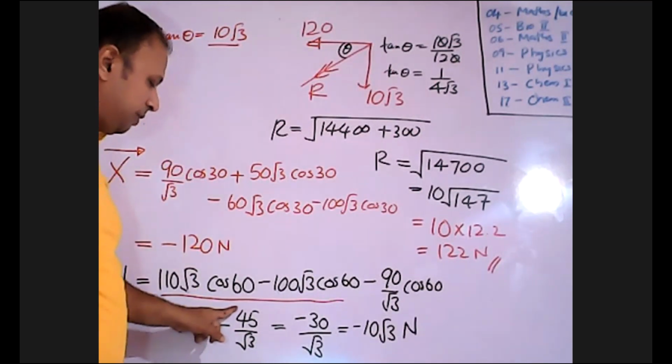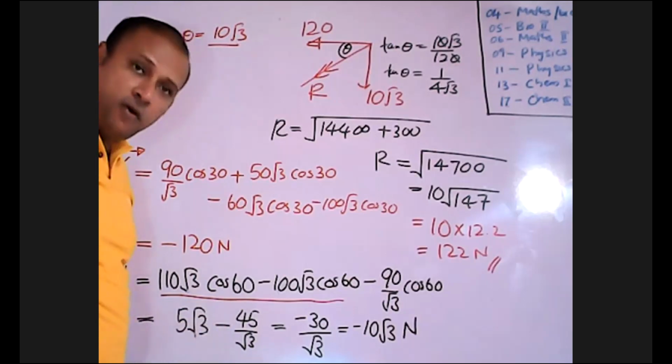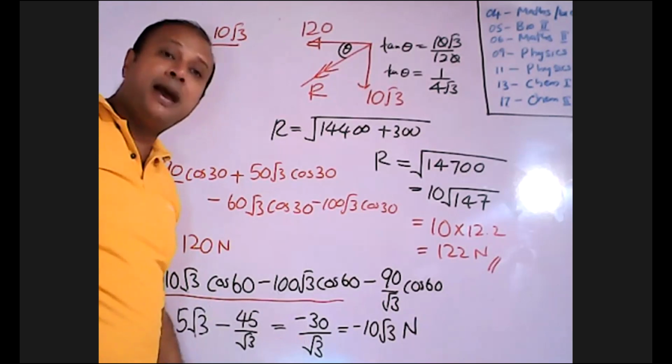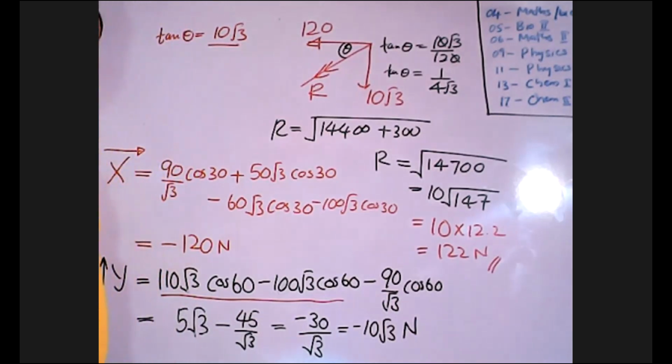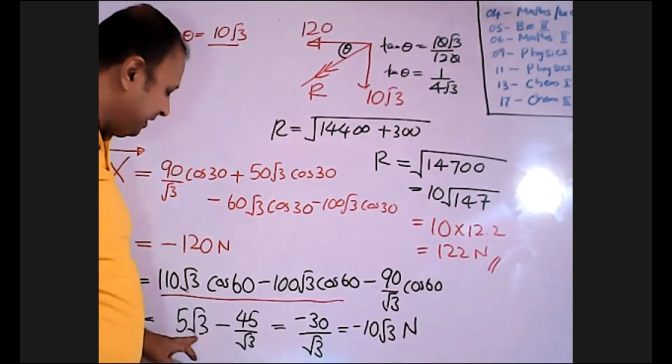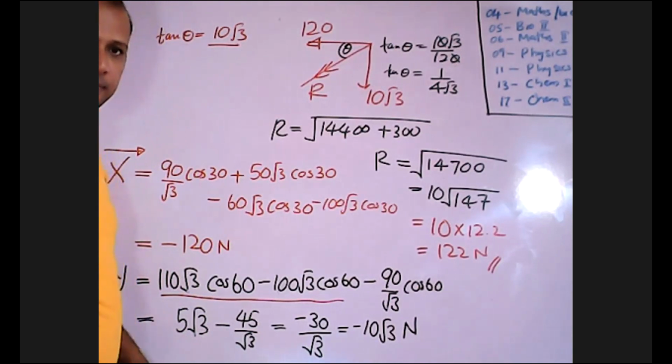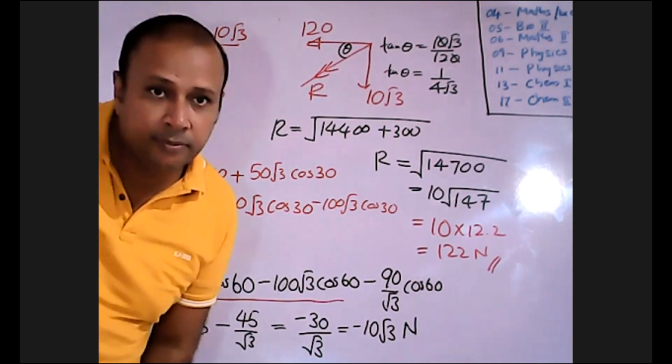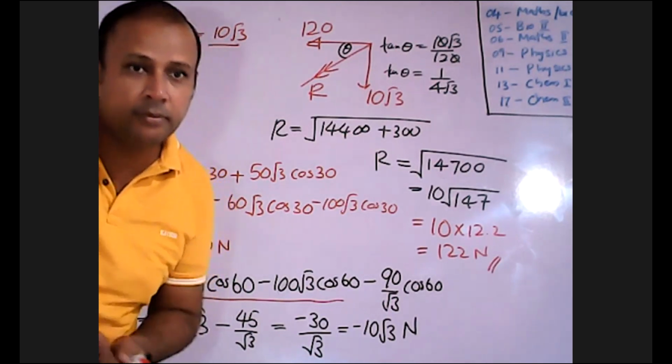So 15 should be subtracted by 45, and the answer is minus 30. Okay, it is not cancelled, it is multiplied with root 3.